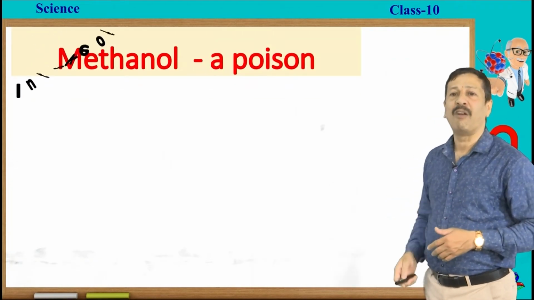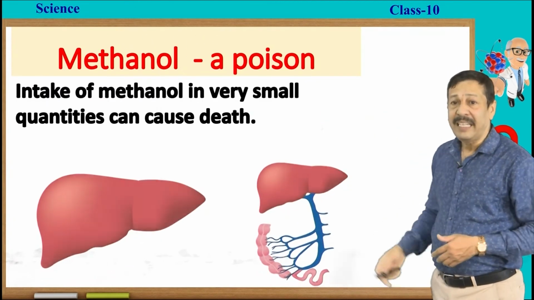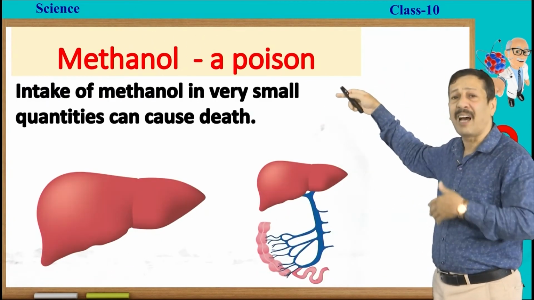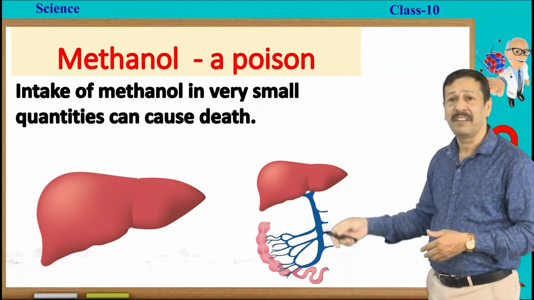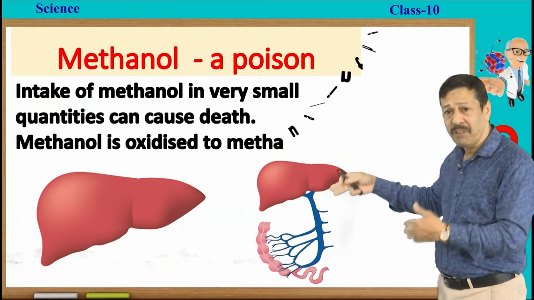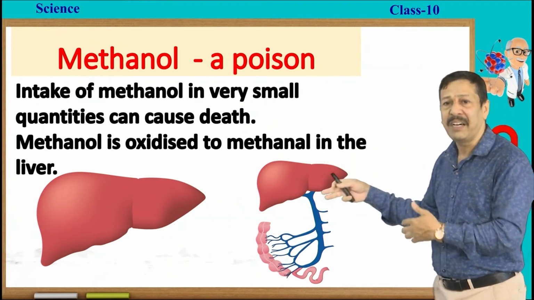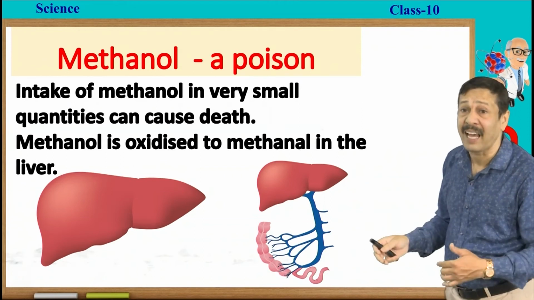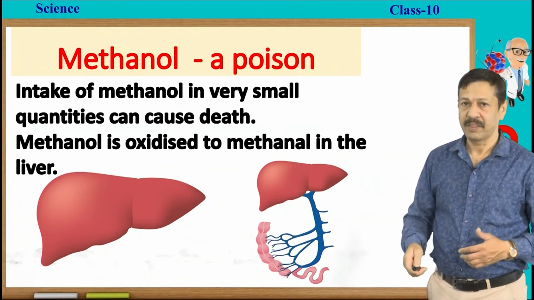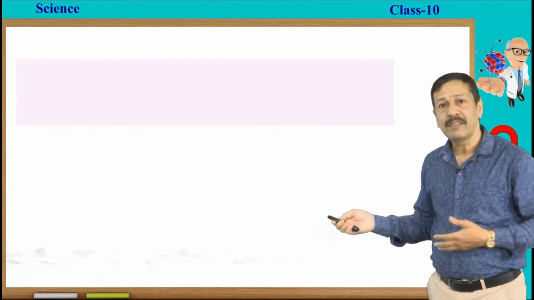Now methanol, a poison. Intake of methanol, another alcohol, in very small quantities also causes death, deadly dangerous. What are you seeing here? It is the liver. Methanol is oxidized to methanal, an aldehyde, in the liver. What happens then? See here.